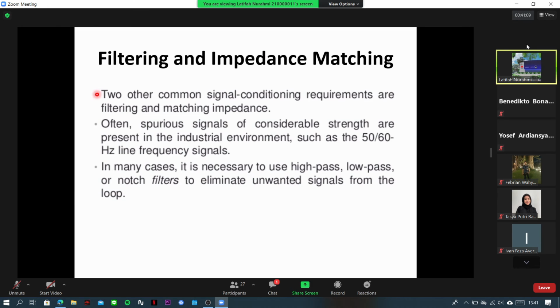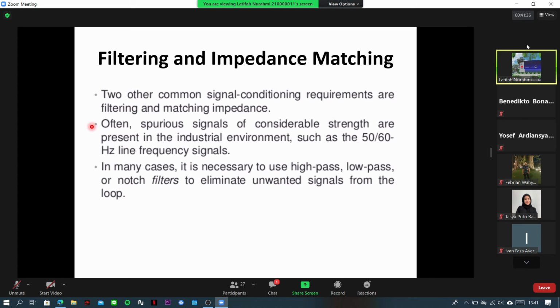Someone outside can have noise from vehicles and many external environments. So we want to get rid of that so we can get a very clear human voice conversation. This is one example of filtering. This is also signal conditioning.